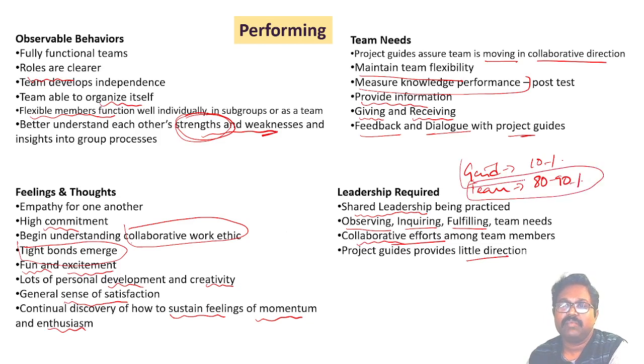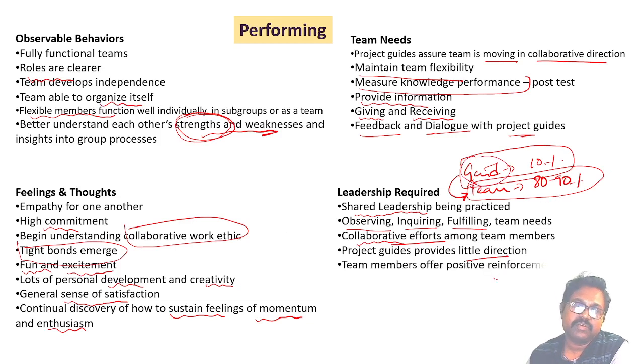So the guide will be acting as a catalyst who can kindle the members' effective functioning. So team members can function effectively based on the guide's feedback. So the guide is very much required for effective team functioning, and team members offer positive reinforcement and support.